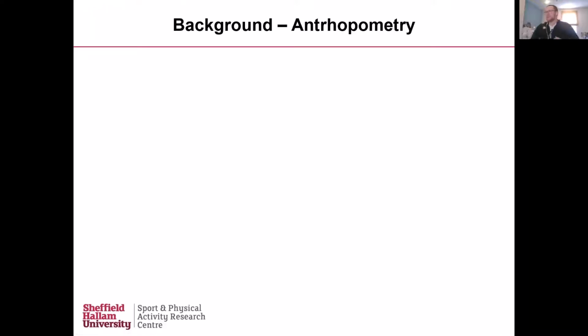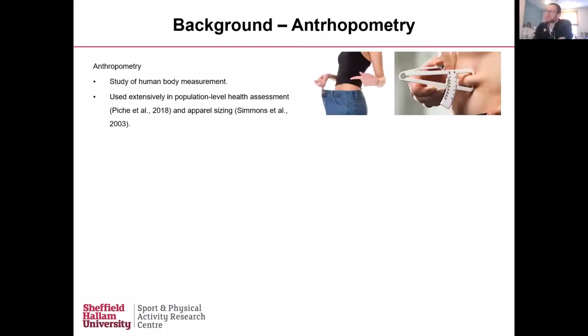So anthropometry literally translates into the study of human body measurement, or the process of taking human body measurement, used extensively in population health assessments and apparel sizing and sport applications.